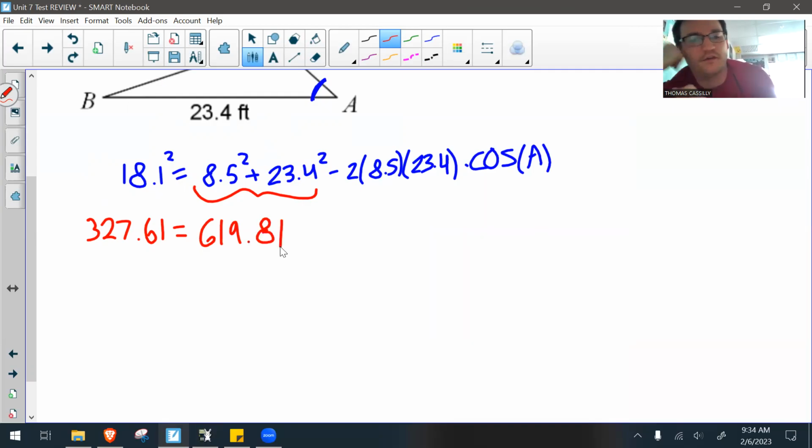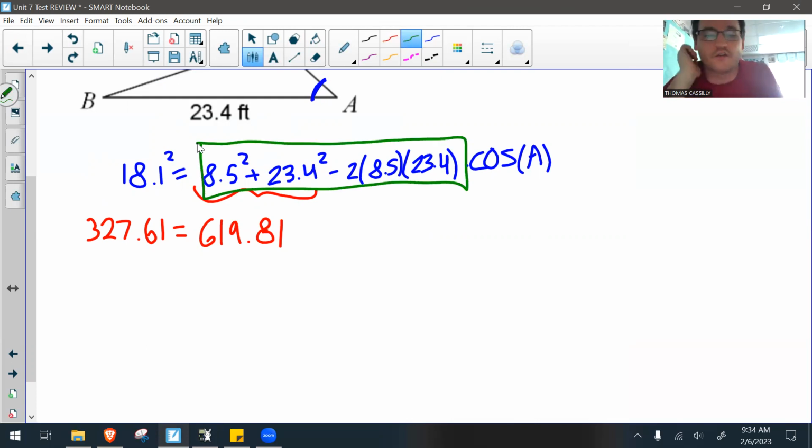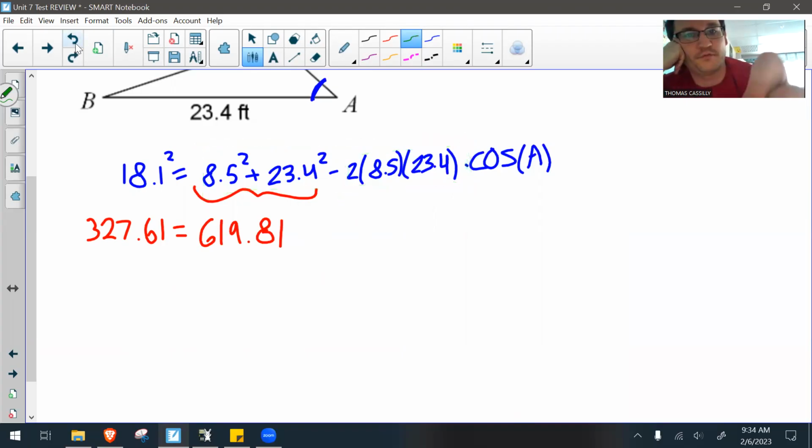All right, when you do this on a test, you do not put all of this in your calculator at once. That will give you the wrong answer. I've said it 100 times, but this thing right here is attached to the cosine, so we cannot combine it with the 619. We have to do a little bit of algebra before we get there.